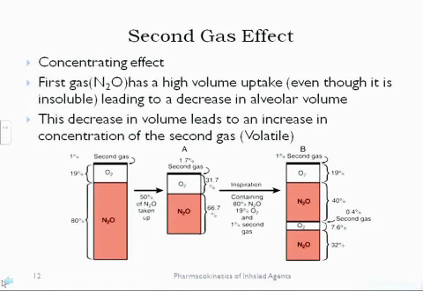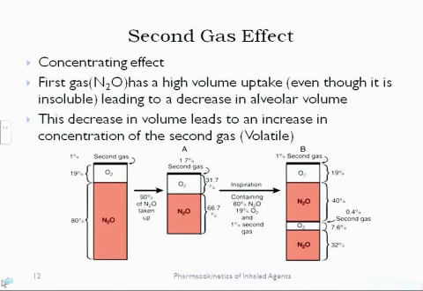But during the initial portion, if you think about it this way, if you have 80% nitrous oxide being given to you, 20% in this case is the oxygen, or 19% is oxygen, and then you have another gas, which is a volatile at 1%. When it first gets into your bloodstream, into your alveoli, 50% of the nitrous oxide is taken up.